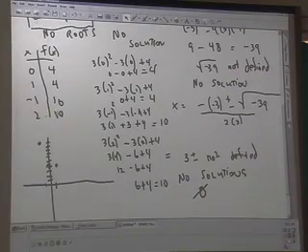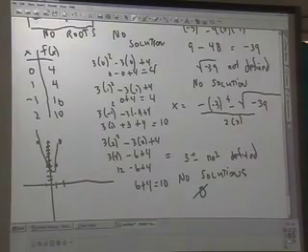We've got positive 2 and 10, go over 2 and up 10. We actually have a shape forming here. This is a parabola. It goes through here, and somewhere right around here it's going to loop up. This is called the vertex.